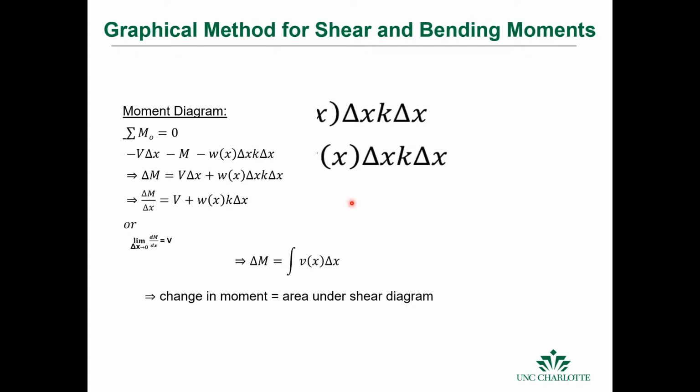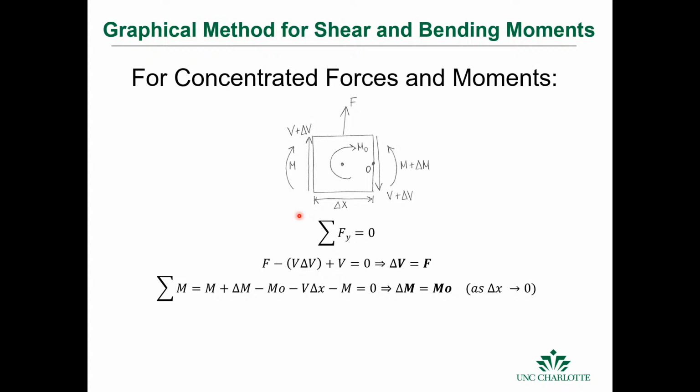This allows us to sum the moments. If we sum the moments, we include the shear and change in shear terms and the distributed load terms, and then we can find that the change in moment is equal to the integral of the shear. Okay, and that's what I had showed you graphically as well.